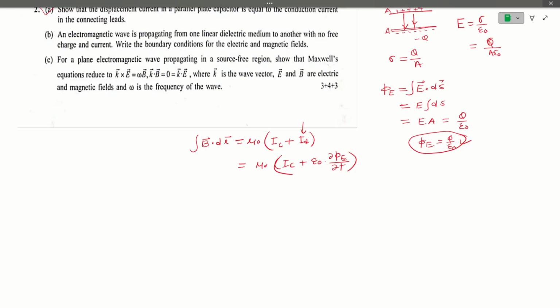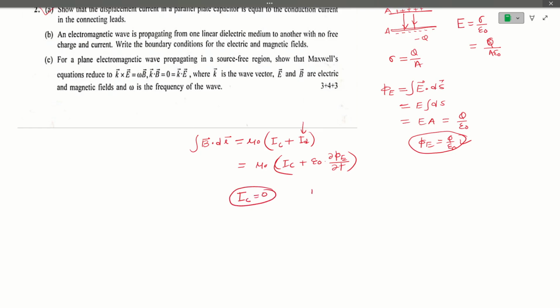In between these two plates there is no conduction current. In between these two plates there is only a dielectric medium, which is an insulator, so it cannot conduct current. So I C will be 0.